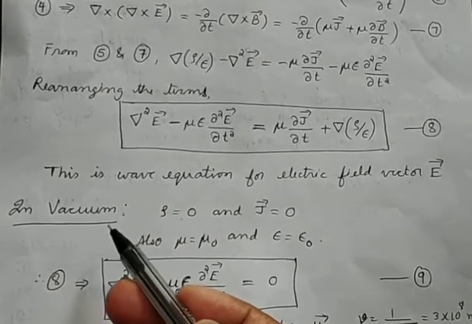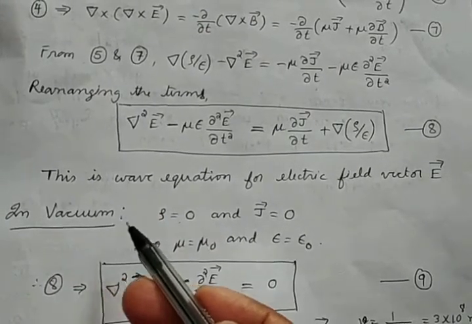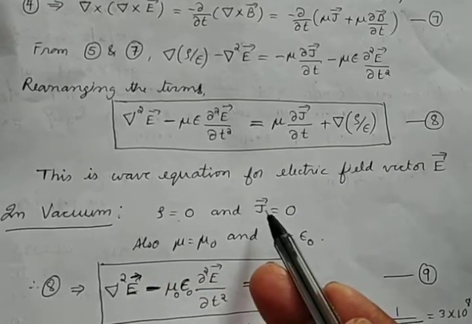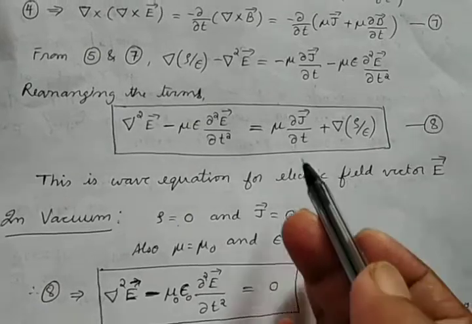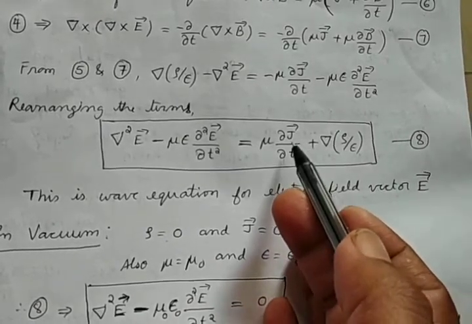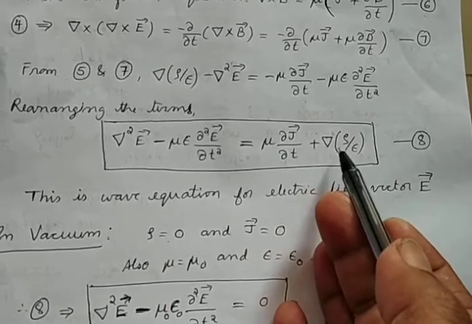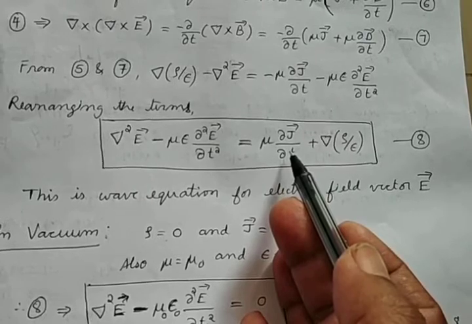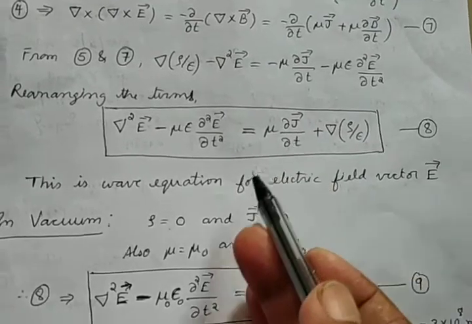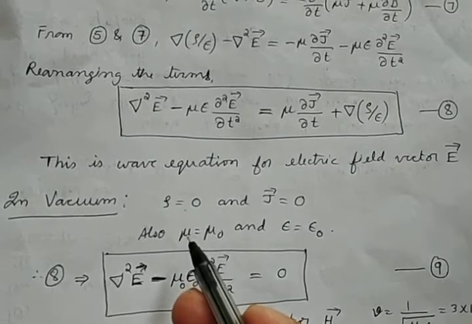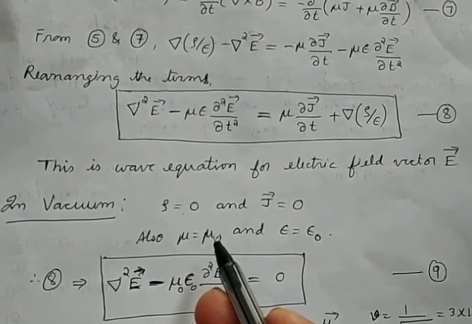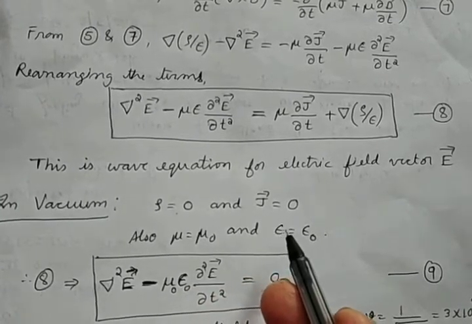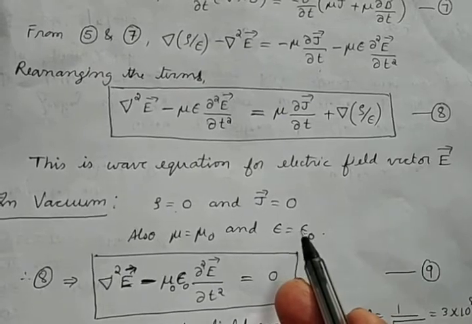Now if we take the vacuum, in vacuum you know that there is no charge, therefore charge density rho is 0, and therefore current density J bar is also 0. That means in this equation 8, the right hand side becomes 0. Also in the vacuum, mu, the permeability, becomes mu naught, that is permeability of vacuum, and epsilon, the permittivity, becomes the permittivity of vacuum, epsilon naught.